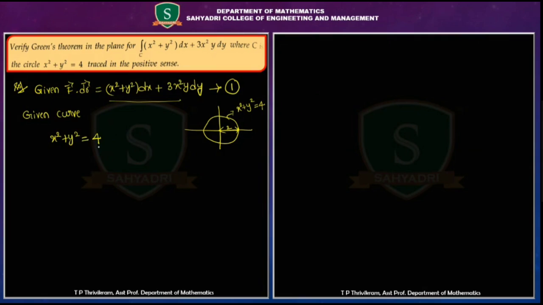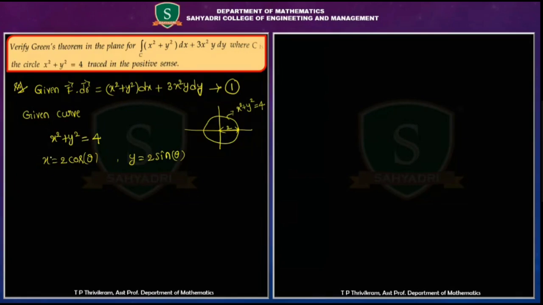Okay. So how to take parametric equation for this? Again, 2 cos theta, 2 sin theta, already we have done it one time. So you can take x equal to 2 cos theta and y equal to 2 sin theta. That means you are introducing one new variable for f dot r.